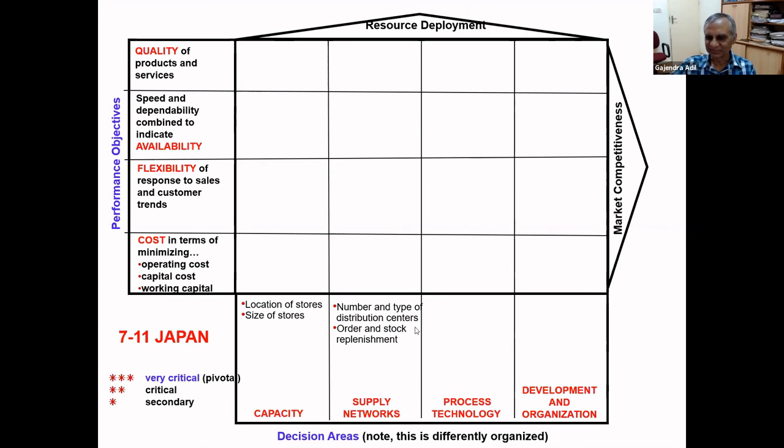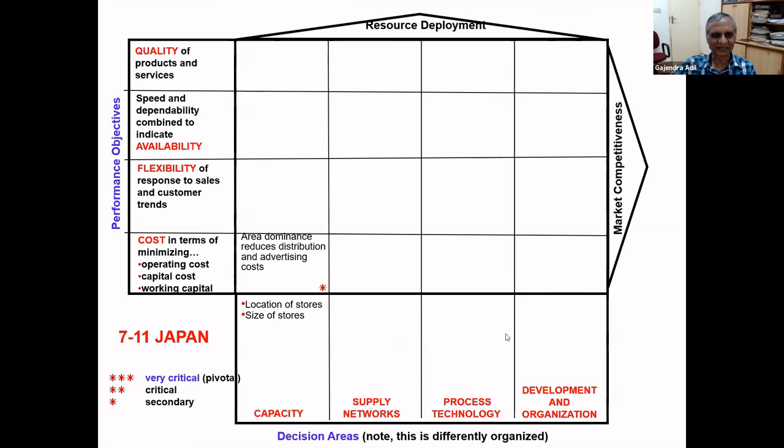Number and type of distribution centers indirectly controlled, order and stock replenishment, how it's done based on TIS information and other things, right? TIS, and then franchises, new product development ideas. You might say something is not selling, something is selling, based on the network data, or individual stores can be given suggestions.